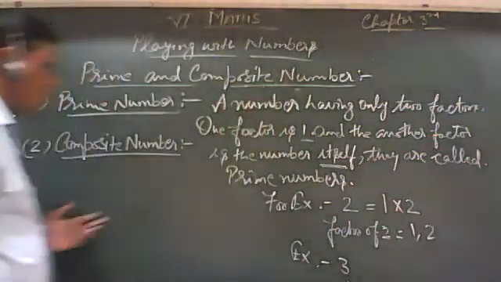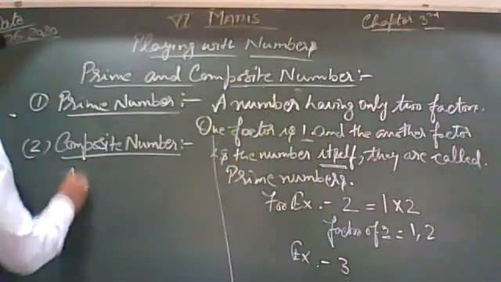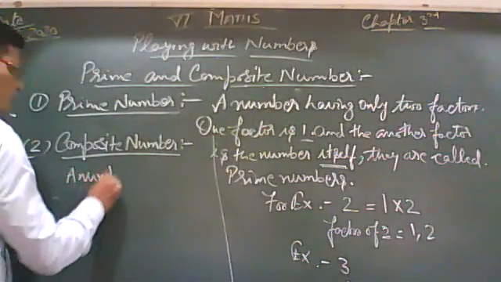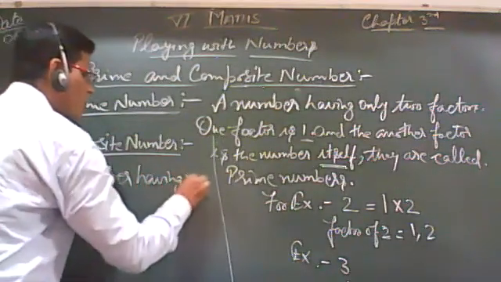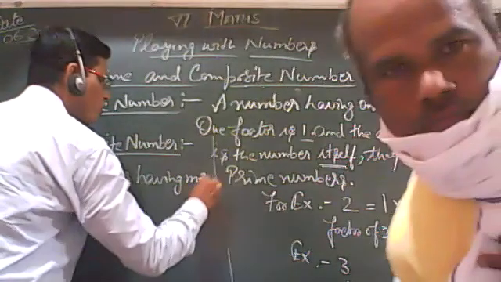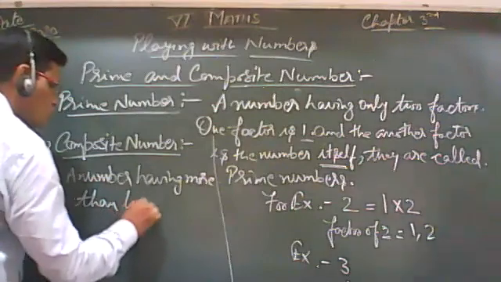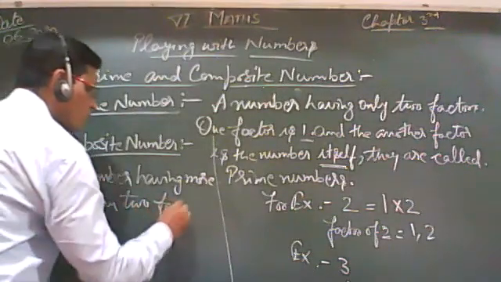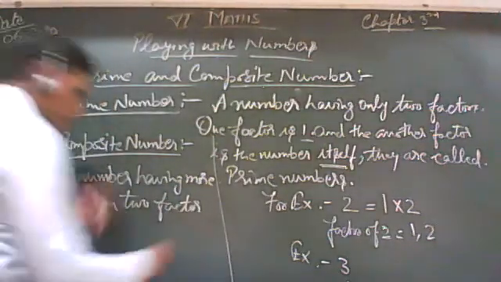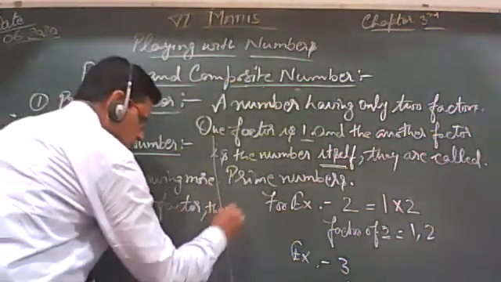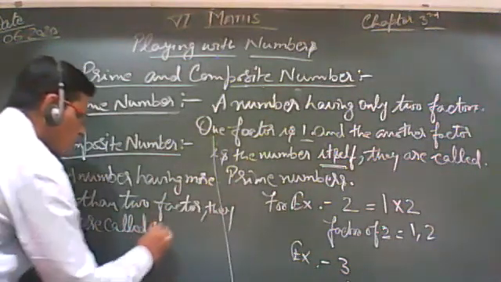Okay? And now we write this definition here. This is the definition: a number having more than two factors, they are called composite numbers.